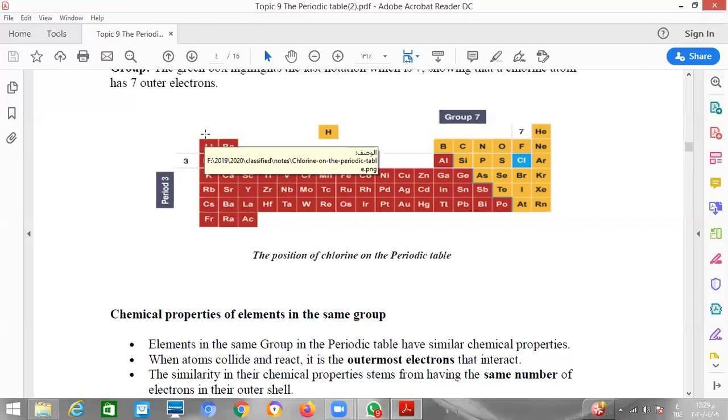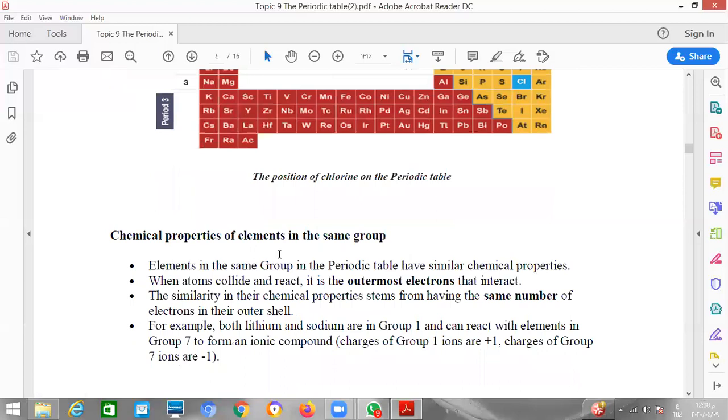Because they're in the same group. Yes, they're already in the same group, but why? Because they have the same number of electrons in the outermost shell. Yes, the same number of electrons in the outermost shell.